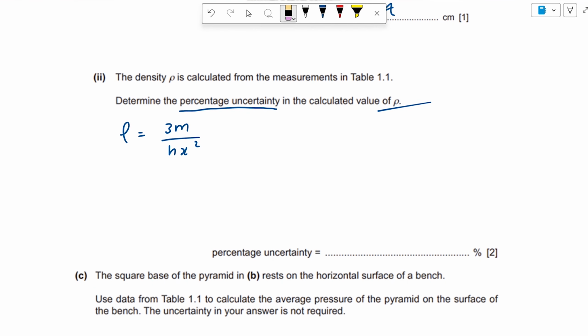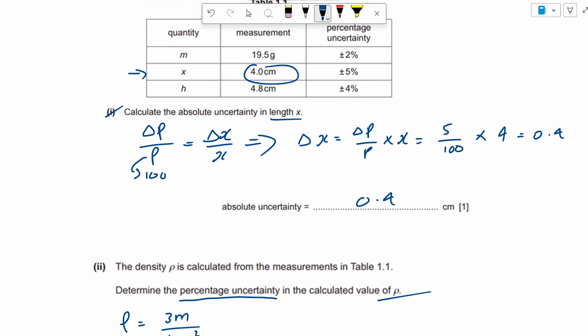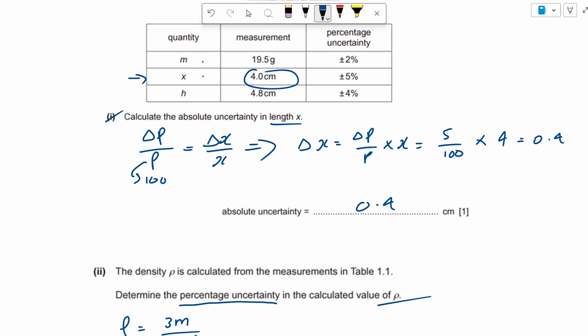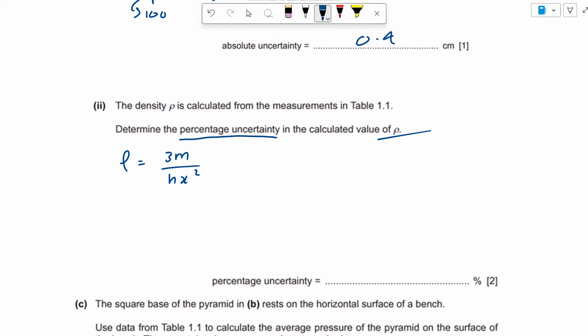Okay, so how can we find the percentage uncertainty of rho, given that m, x, and h, all three of them have their own percentage uncertainty? So how do we do this?